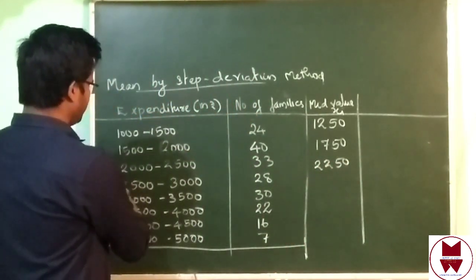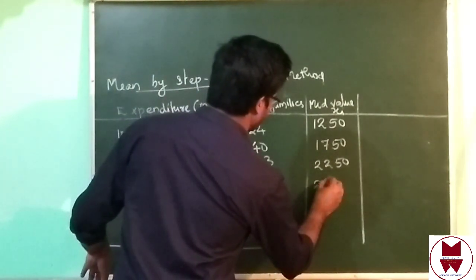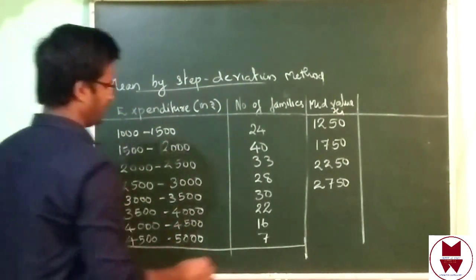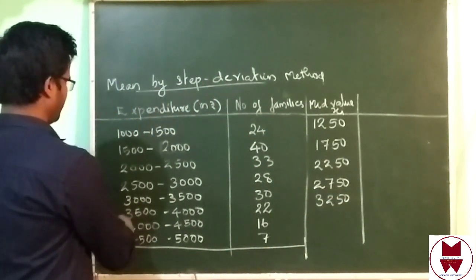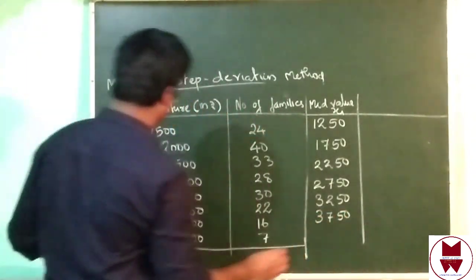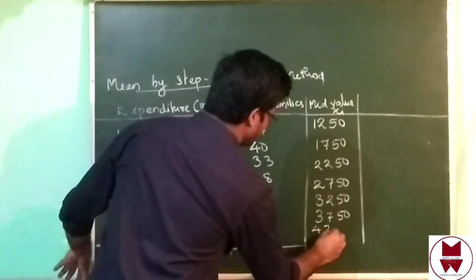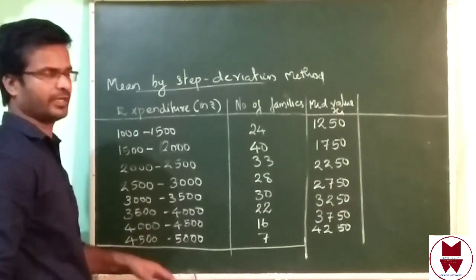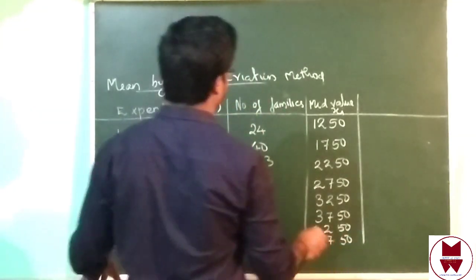Same like that, 2,500 and 3,000, we'll get 2,750. Then 3,000 and 3,500, 3,250. Then 3,500 and 4,000, 3,750. Then 4,000 and 4,500, you will get 4,250. Then last, 4,500 and 5,000 is 4,750.